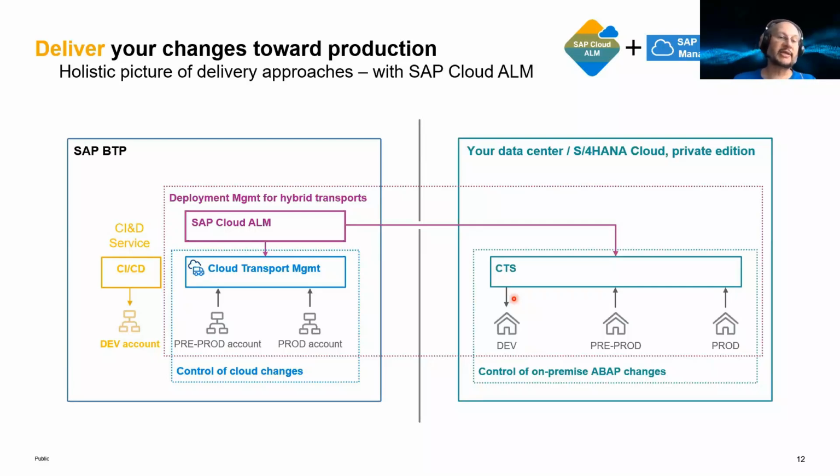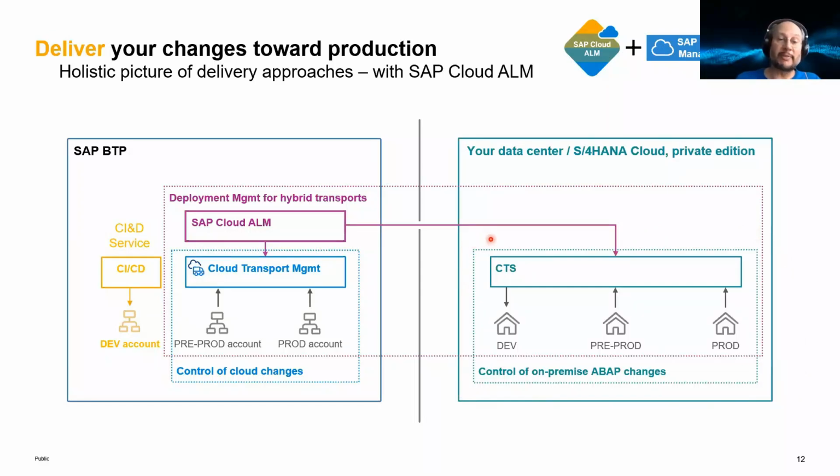So again, on the left side, we see the continuous integration delivery service as the source of our transport requests. They are then handed over to Cloud Transport Management so that they can from there be deployed to our other sub-accounts further downstream, like pre-production and production. And on the other side, we have the on-premise side of the house, with the classical ABAP change and transport system, CTS.